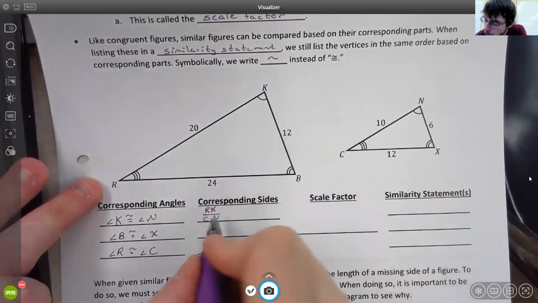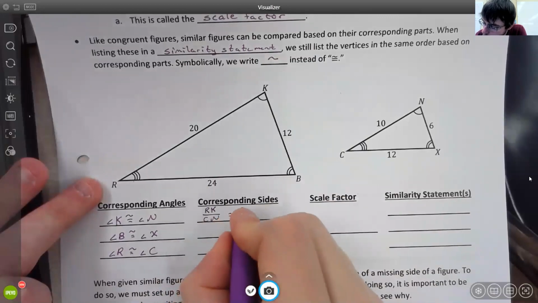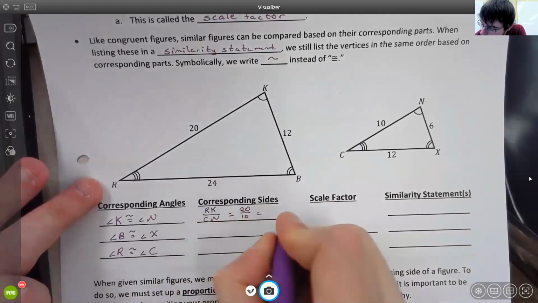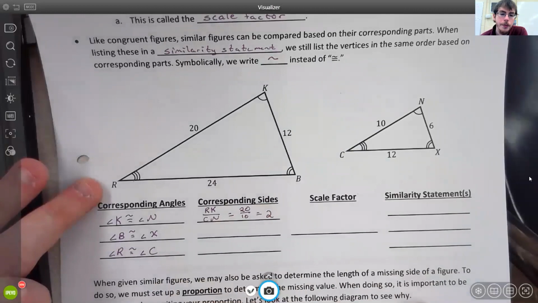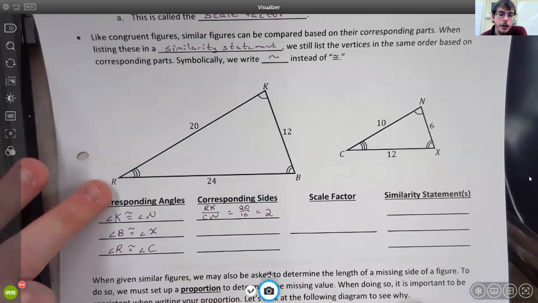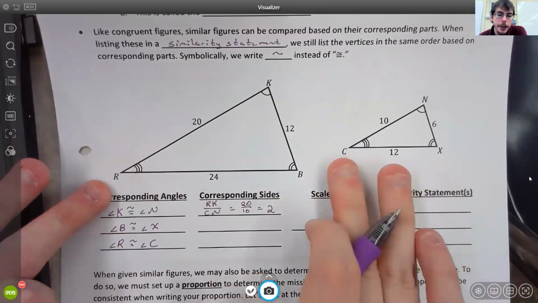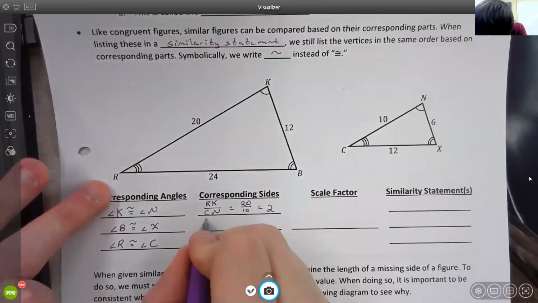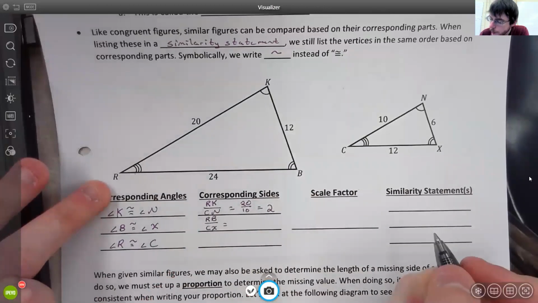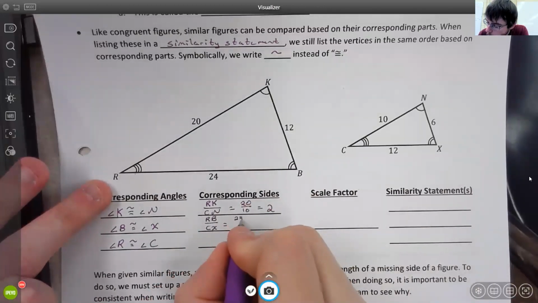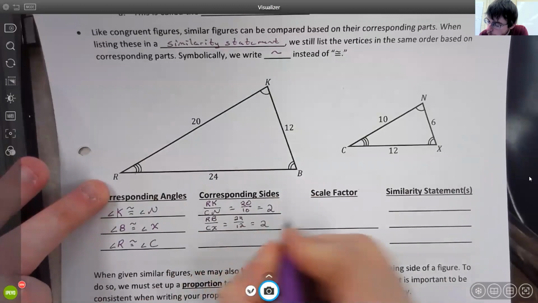If you do that, RK over CN, you'll have 20 over 10, which is 2. We also see that RB would be proportional to CX, so we have 24 over 12, which is equal to 2.